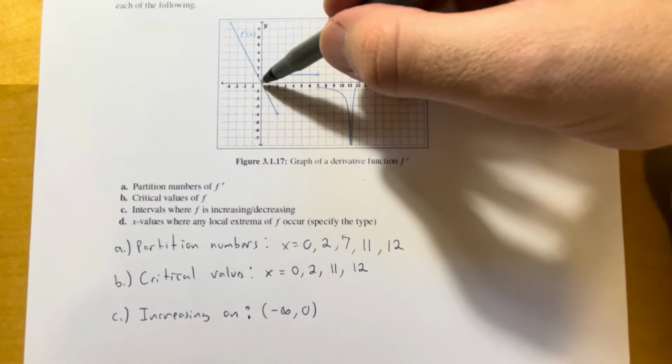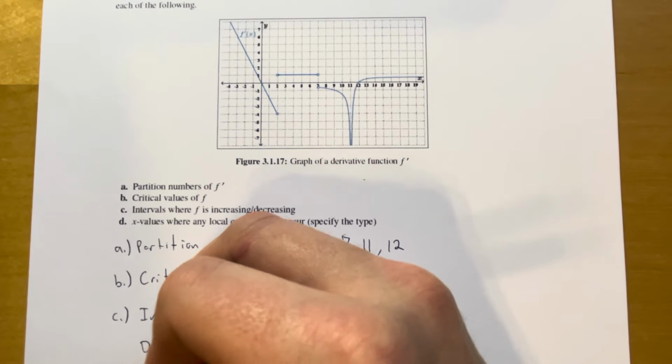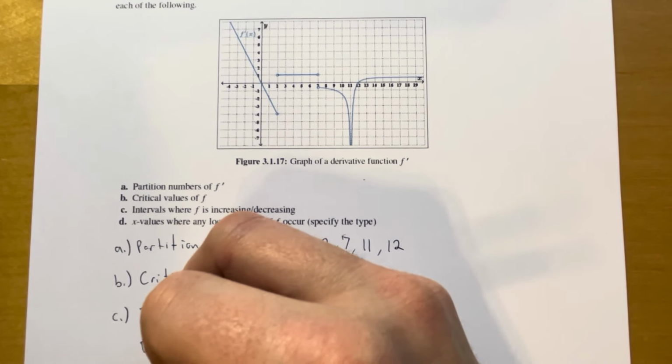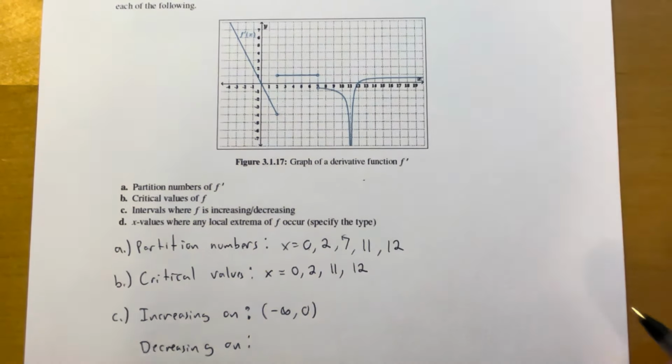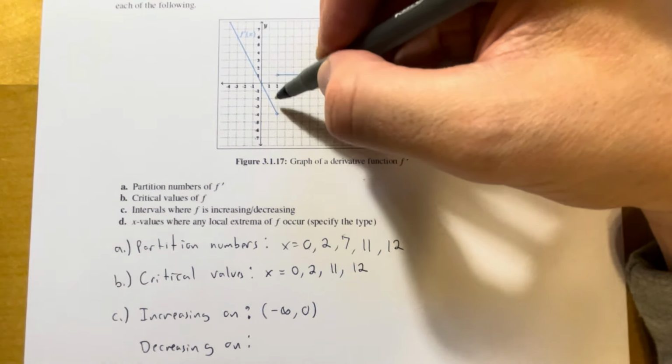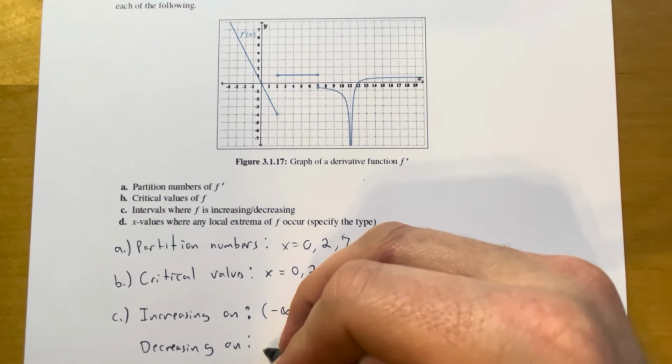And then it's decreasing from 0 to 2. So maybe I'll do both parts at the same time. Decreasing on, okay? So it's decreasing from 0 to 2, and that's between two partition numbers, so I can list that here.